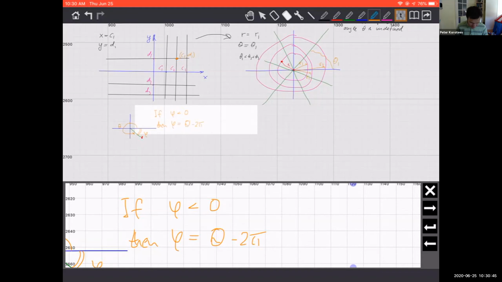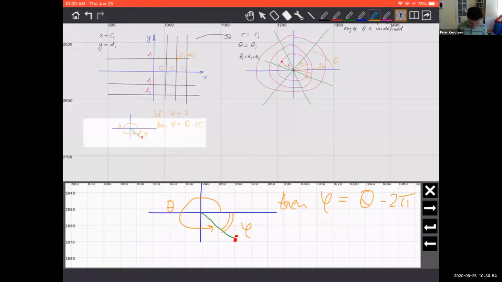Of course, this choice will not change the assignment of coordinates, right? So if you calculate the position of this point, it would be r times cosine phi, r sine phi, right?